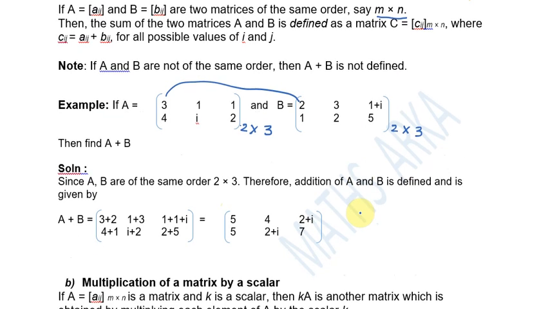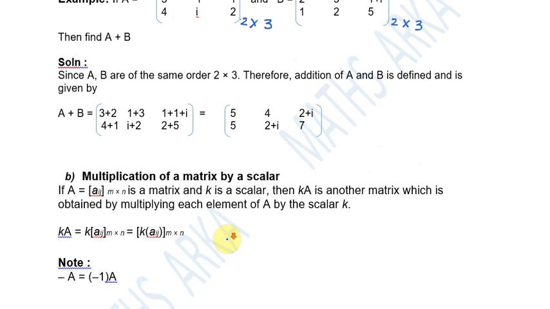The solution says A plus B is equal to 3 plus 2, 1 plus 3, and likewise. This is how we add them, and this is the result that we get. So addition is defined in this way: the matrices should be of the same order, and then we just add the corresponding elements. That should be pretty clear to all.